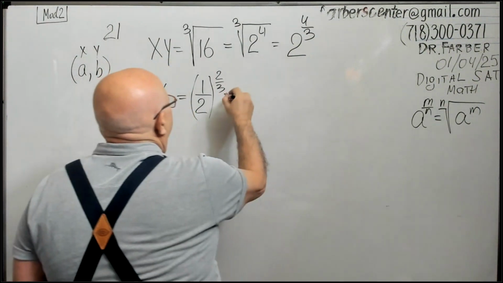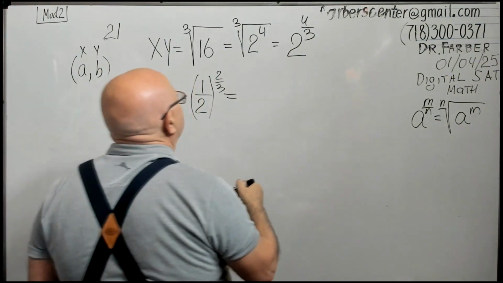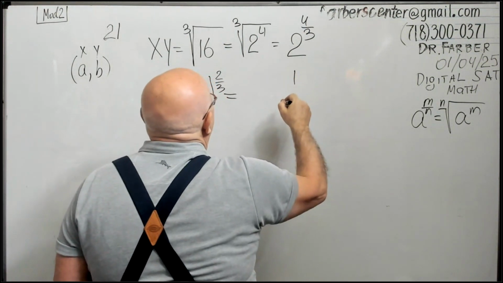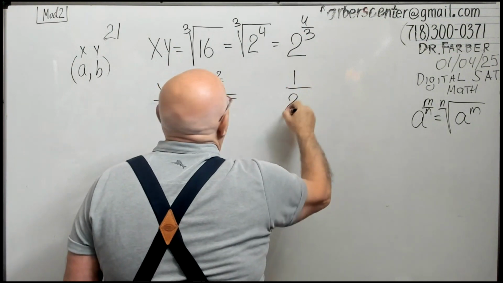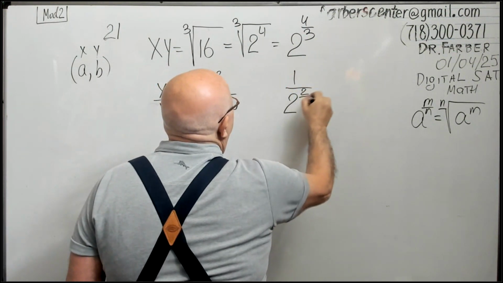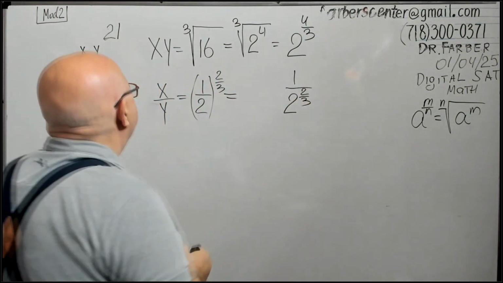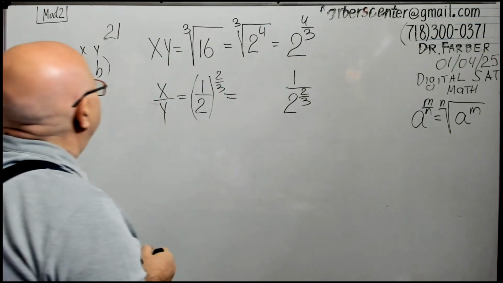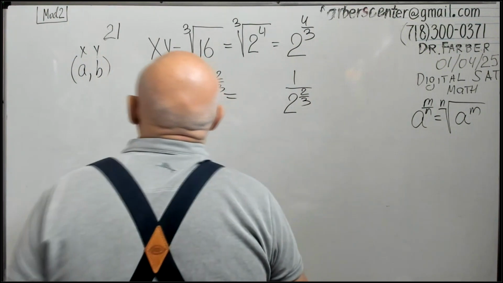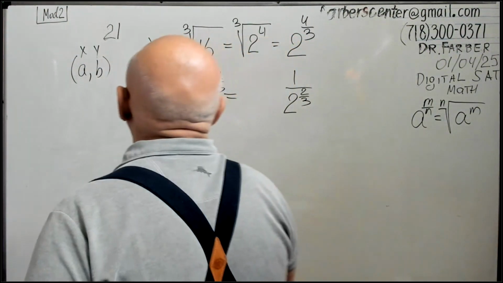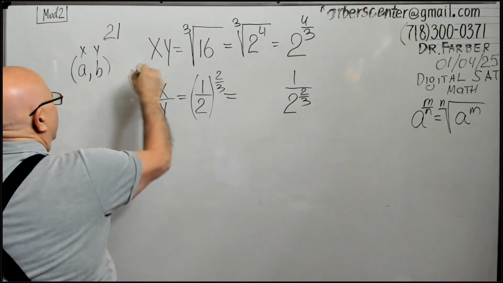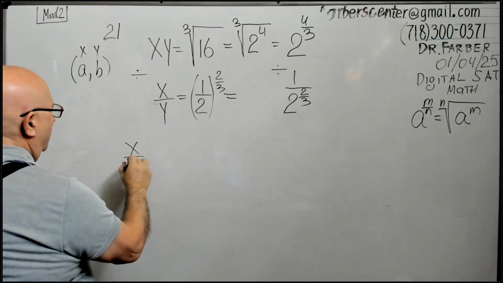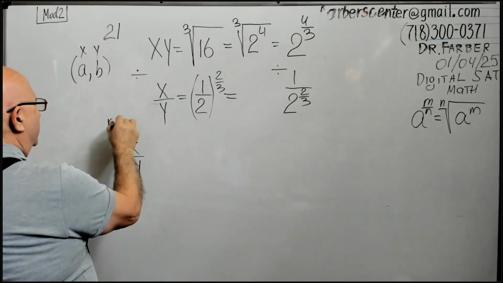And this is the same as 1 to power 2 over 3 is 1. It's the same as 1 divided by 2 to power 2 over 3. Since you need to find y, if you multiply them, y disappears, so you have to divide them. I divide left part and right part. Look at this. X over y. Remember Kentucky Fried Chicken: keep, change, flip.